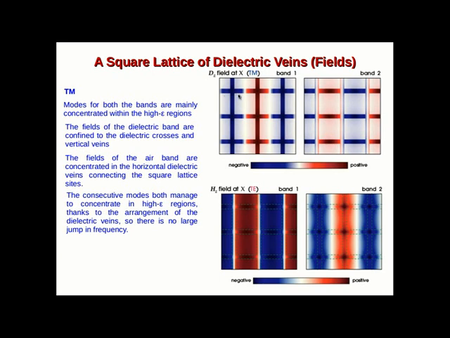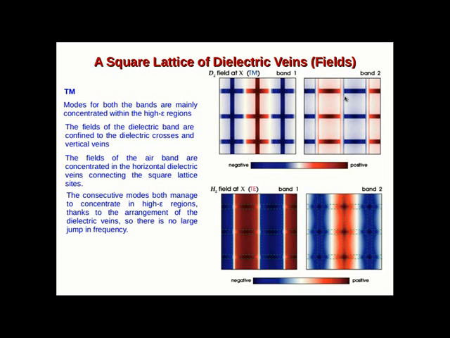However, in band 2, the vertical veins have a nodal line, a nodal region, but the horizontal veins still provide the high dielectric region for the confinement of the DZ field.